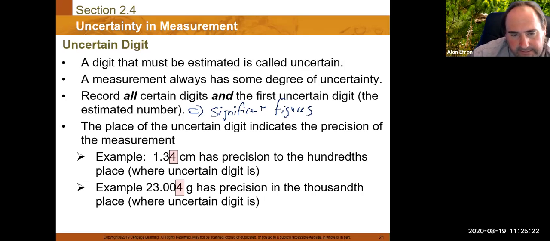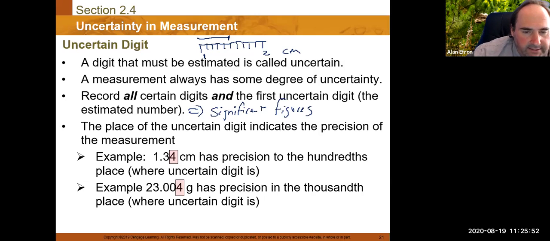For example, let's say we had a ruler that looked something like this. This is 1, this is 2, and we'll call these centimeters. And let's say we had an arrow that looks something like that.